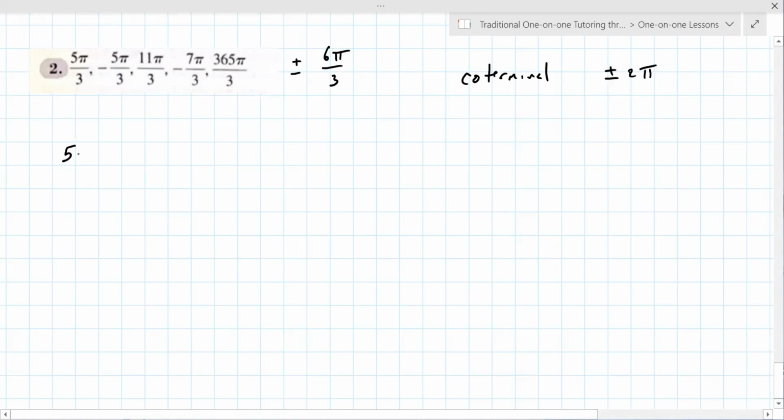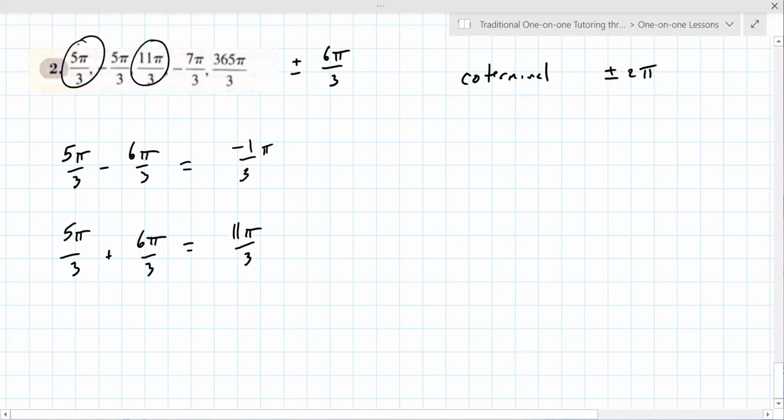So it's like, what is 5 pi over 3 minus 6 pi over 3? It's negative 1 pi over 3. And what is 5 pi over 3 plus 6 pi over 3? That's 11 pi over 3. So see how this one and this one for sure are coterminal, the first and third.